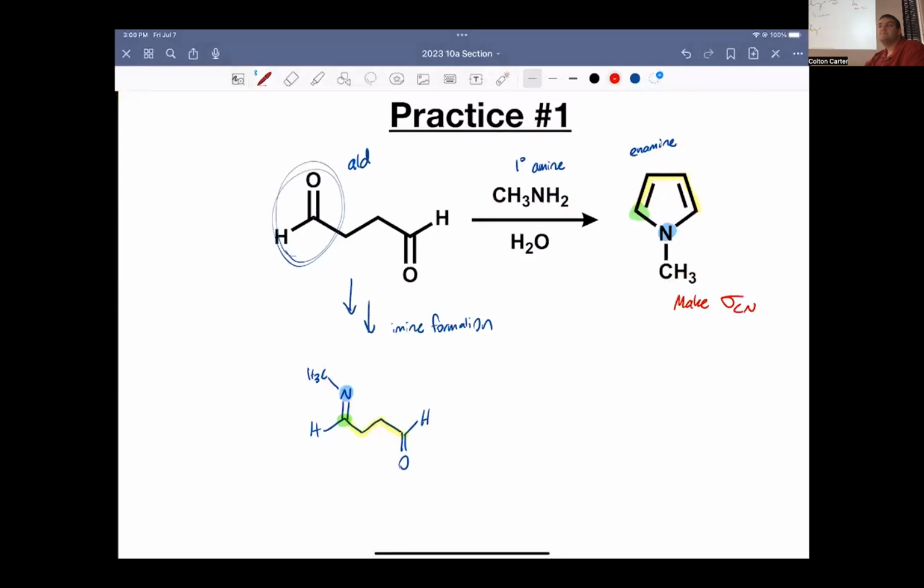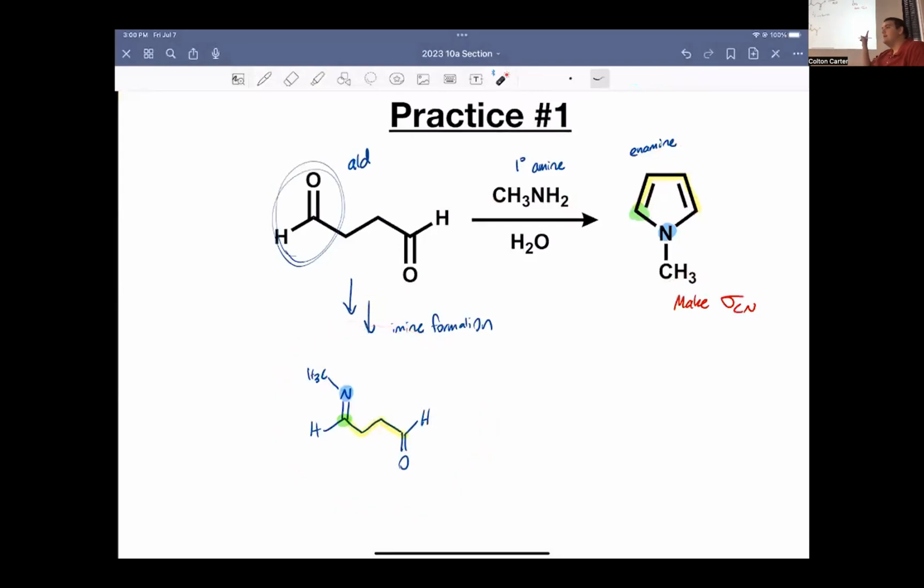Anyone? I did some cyclic acetal hemiacetal things. What made it a cyclic hemiacetal or acetal rather than just a hemiacetal or acetal? Intramolecular. So this molecule needs to attack itself.